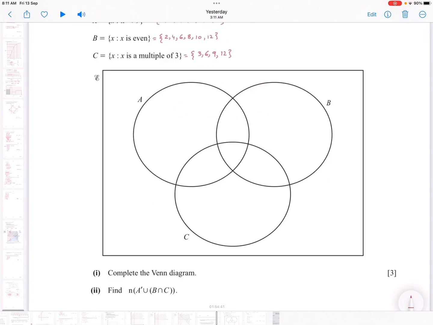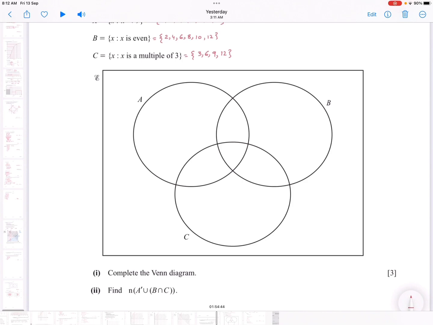Now complete the Venn diagram. So place all the number values in this set and be careful that every number is written properly in its area.